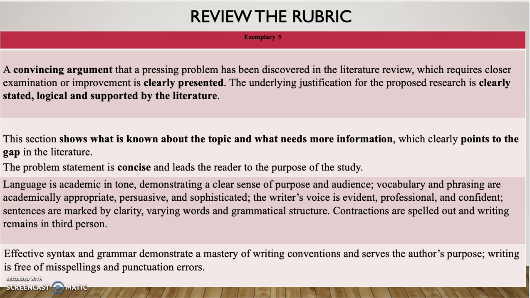And I mentioned the other day that this very last paragraph of your problem statement is probably the most important paragraph in your entire dissertation. You've got to nail it. You've got to convince the audience that a problem exists that comes from literature, and it should transition nicely to your purpose statement, which would be the next section.